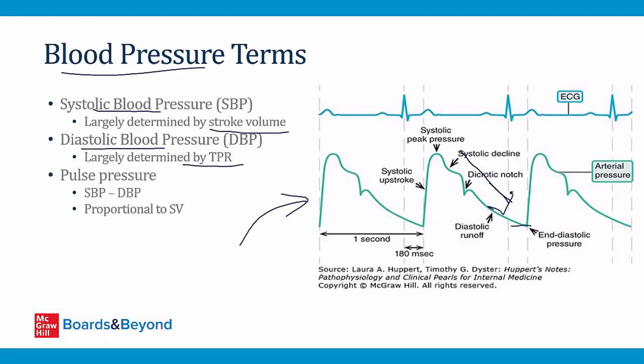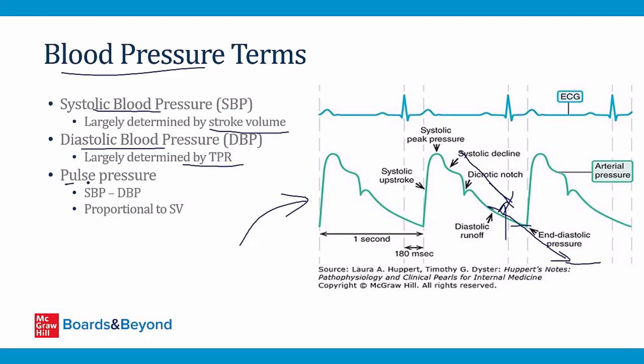In other words, it can't leave the arterial tree very easily, and so that will cause the diastolic pressure to be higher. When there's a lot of peripheral resistance, the blood pressure does not get as low as it could, and the diastolic blood pressure tends to be higher. On the other hand, when there's very low peripheral resistance, then blood leaves the arterial system very easily and tends to achieve a much lower blood pressure in diastole.